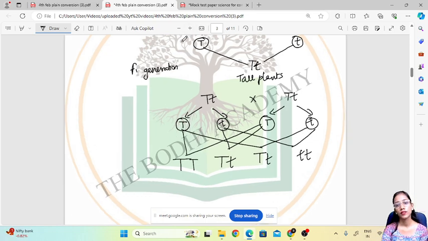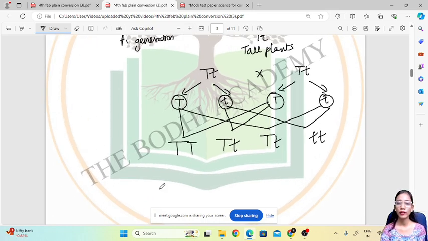Okay. So now let us look at the ratio. T, T, both are dominant, so this is tall plant. This is like the parent one. So this is also tall. This is tall because all three have a dominant character. But this one is not carrying any dominant character.